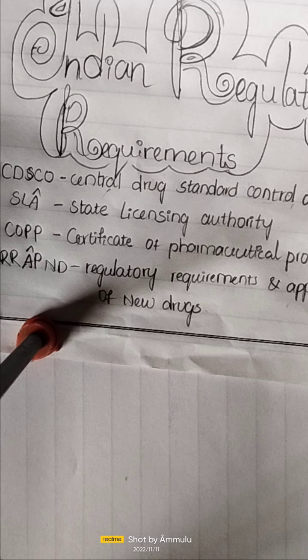The major responsibilities of DCGI: the DCGI acts as the appellate authority in case of disputes regarding the quality of drugs.